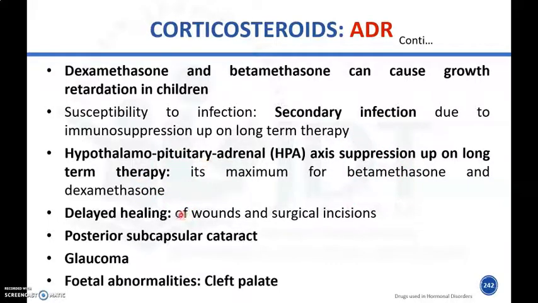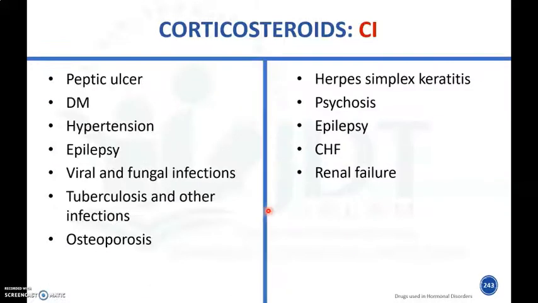And there is delayed healing of wounds as well as surgical incisions due to the corticosteroid action, and it may cause posterior subcapsular cataract, and also it may cause glaucoma and fetal abnormality like cleft palate. So these are the important adverse drug reactions of corticosteroids.